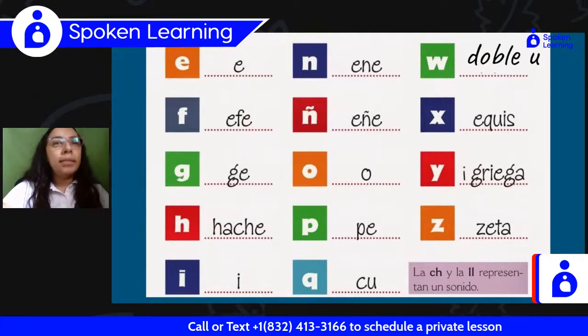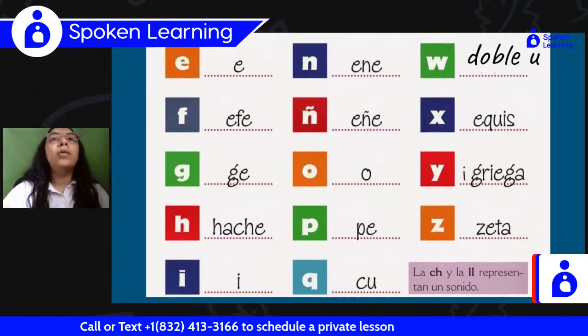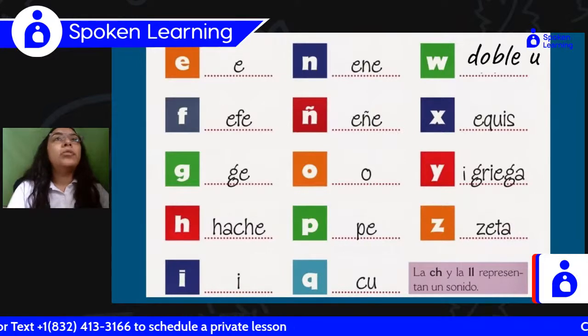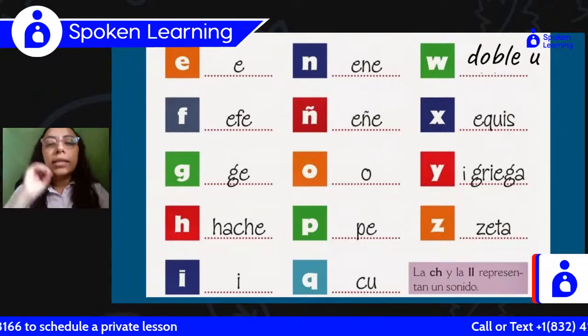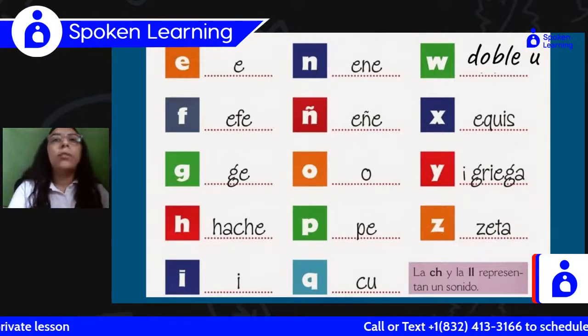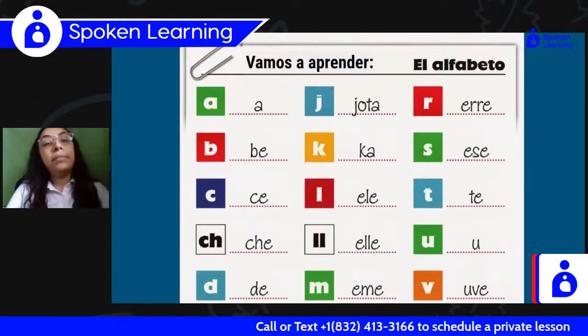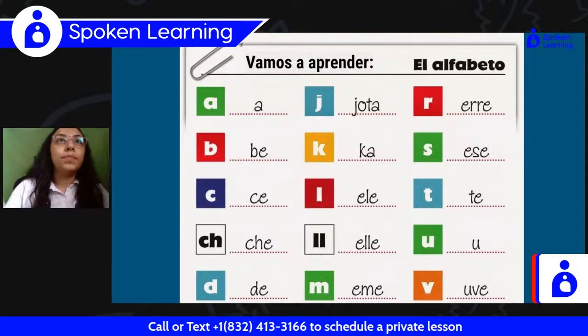Now, what about the phonemes? When we talk about phonemes, it's about the sound of each one of the letters when you are pronouncing it, right? When you are trying to read. Well, here we go with them because those are different sounds.